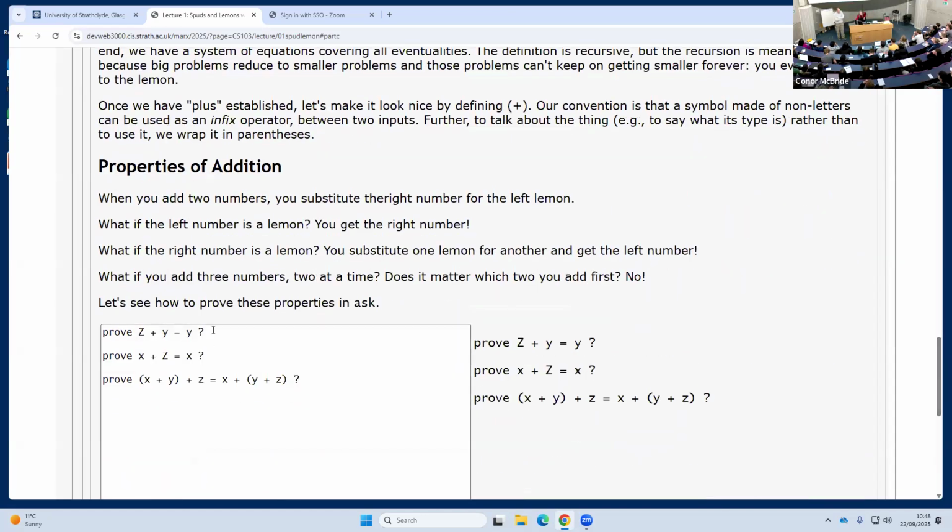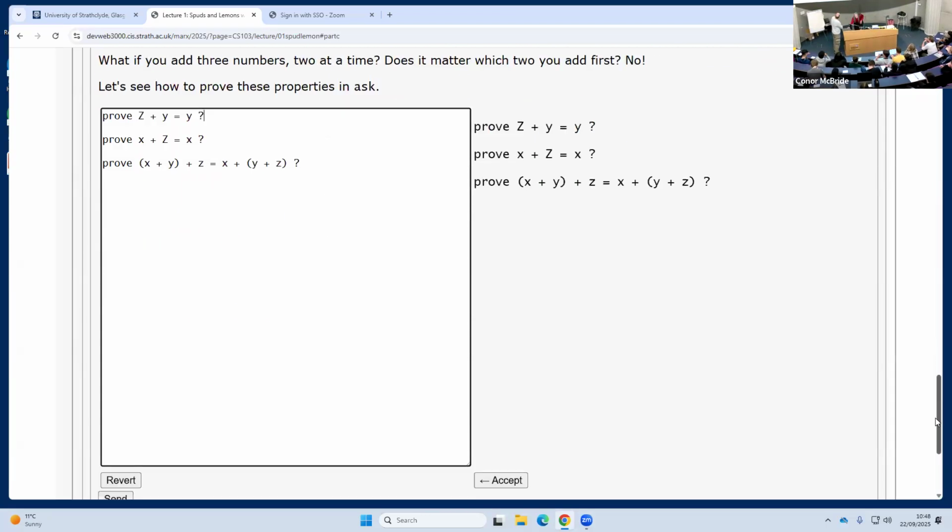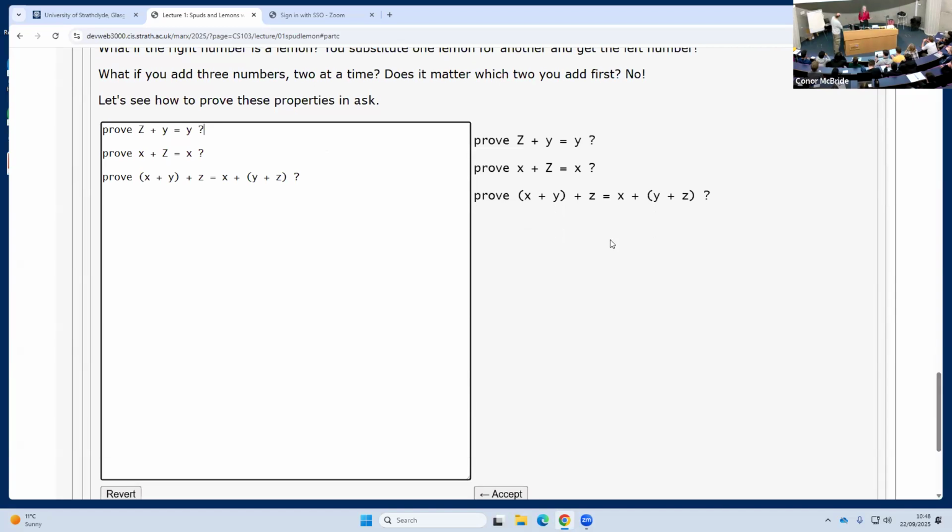So a strategy that you can use to prove stuff in Ask. Again, it presents you a problem and you need to figure out what to do about it. So you replace the question mark with some strategy that makes progress. And one strategy that you can use is simply to say, test this equation by using the definition of the program.